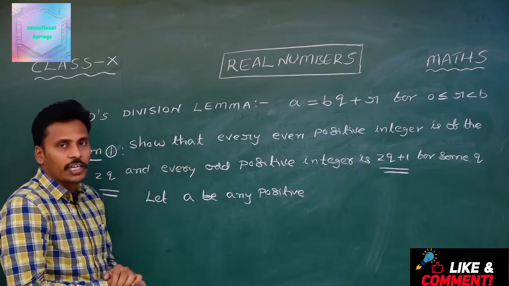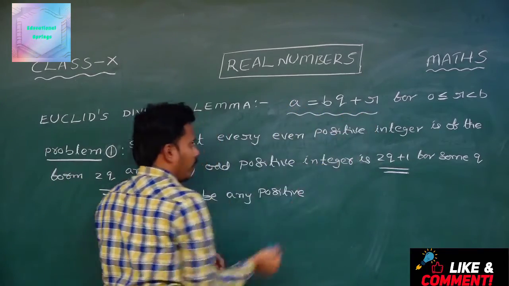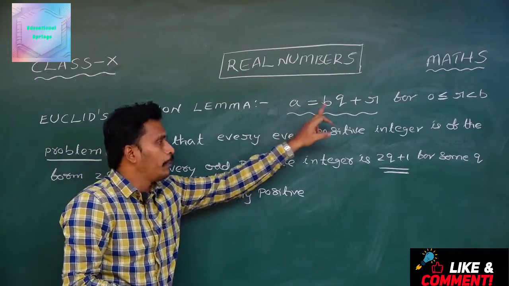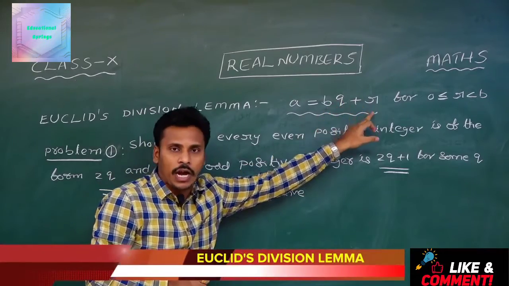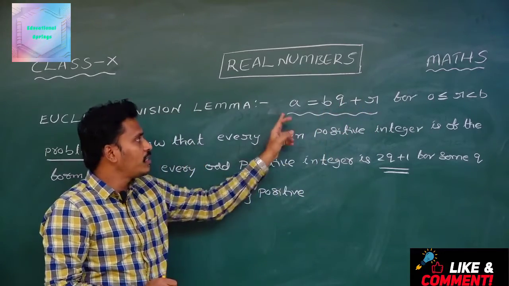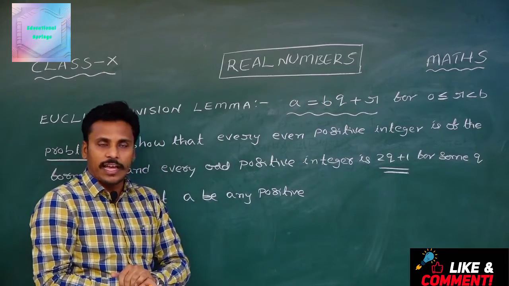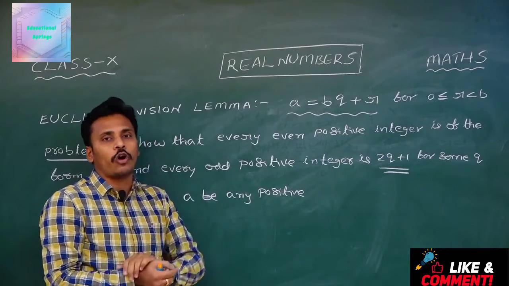The representation of Euclid's division lemma is a = bq + r. We know that for any two positive integers a and b, there exists a unique pair of numbers q and r such that a = bq + r for 0 ≤ r < b. So to start with Euclid's division lemma, we need two positive integers.